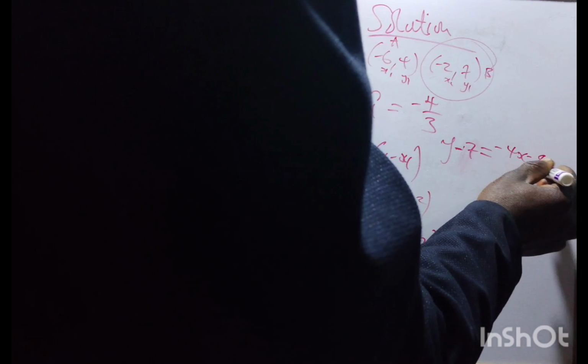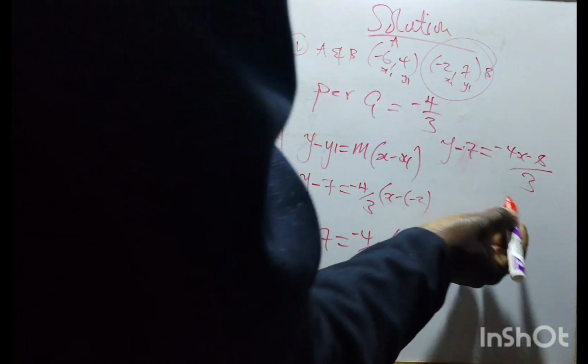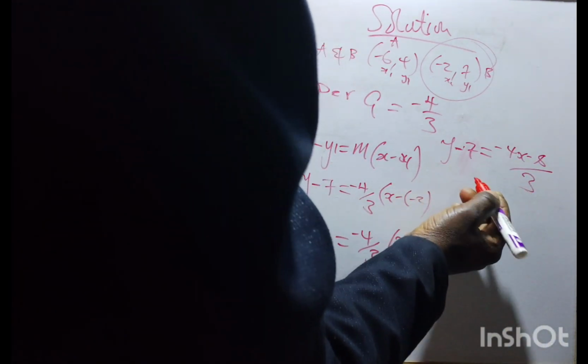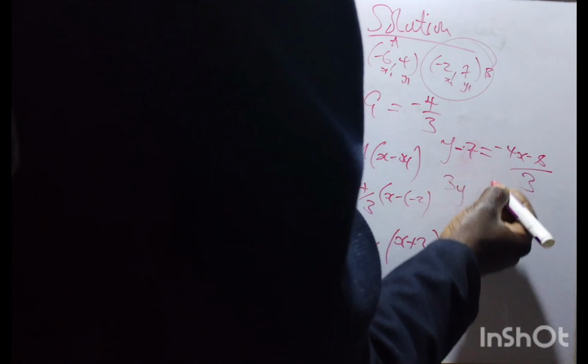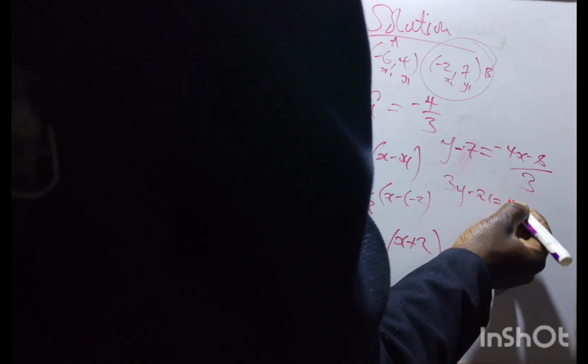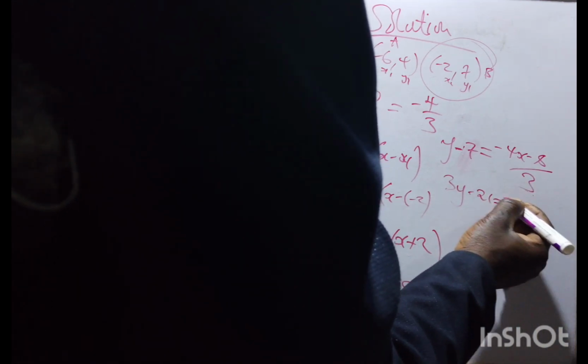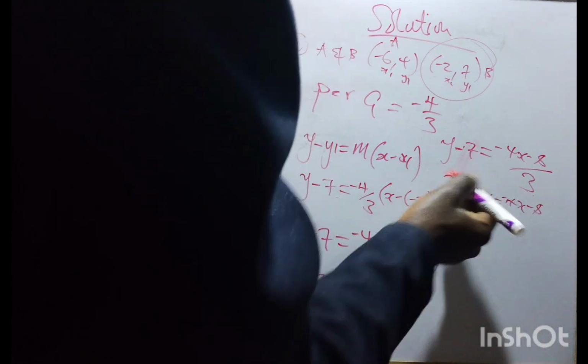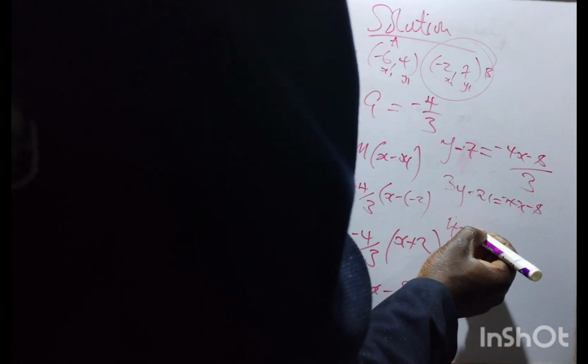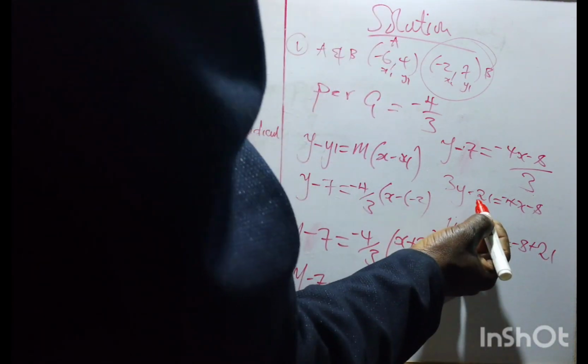Then we can multiply here: 3 times y is 3y, then 3 times 7 is minus 21, which should be equal to minus 4x minus 8. When this minus 4x moves across, the sign becomes positive, so 4x plus 3y equals minus 8 plus 21, because when 21 crosses the sign becomes positive 21.